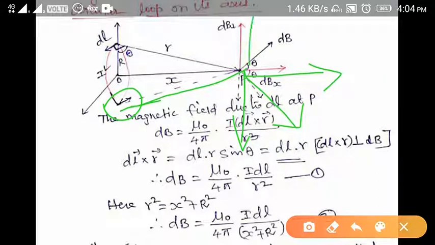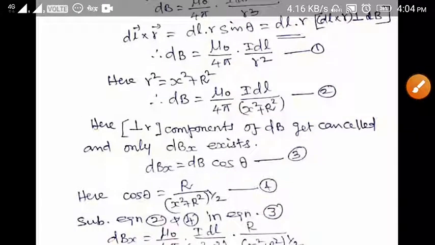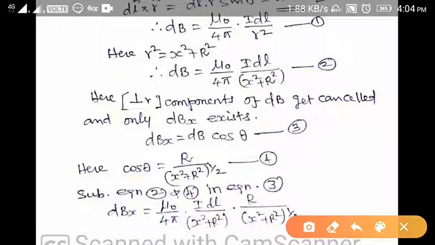The vertical components are equal and opposite, so they get cancelled, and only horizontal components exist. In this way the horizontal component of the magnetic field can be written as dBx equal to dB cos theta. This is equation 3.